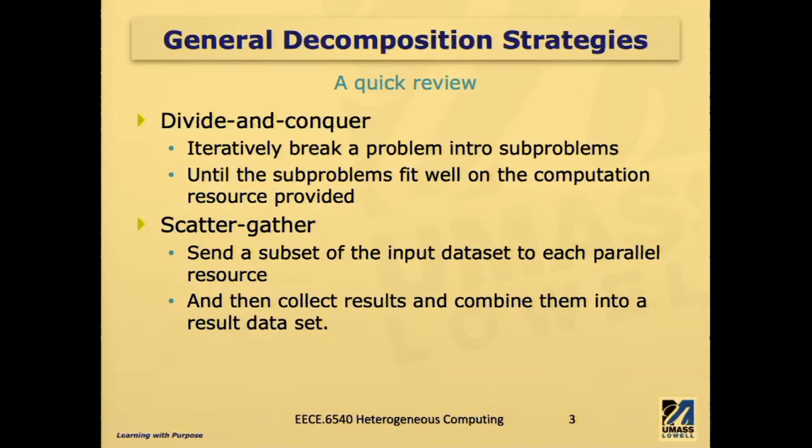The other strategy is to do scatter and gather. In this category of approaches, we send a subset of the input data sets to those parallel resources. But because the final result depends on an integration of the results from these sub-problems, inherently we will have to do it in two passes or two stages.